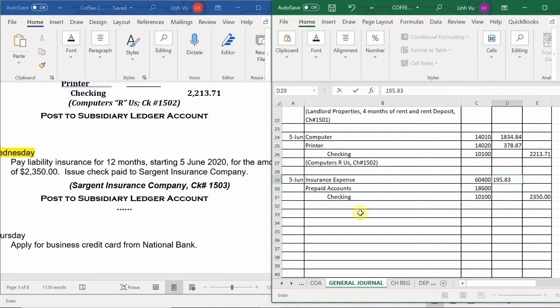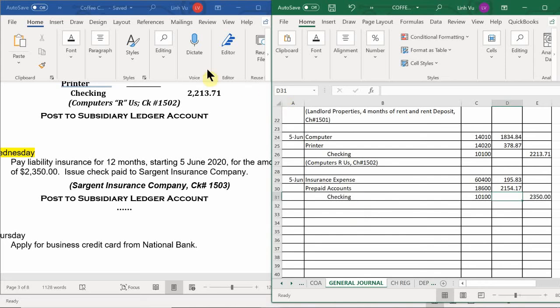We figured that out by taking the $2,350 and dividing it by the 12 months. The remaining amount, by subtracting these numbers, should be $2,154.17 worth of prepaid insurance.